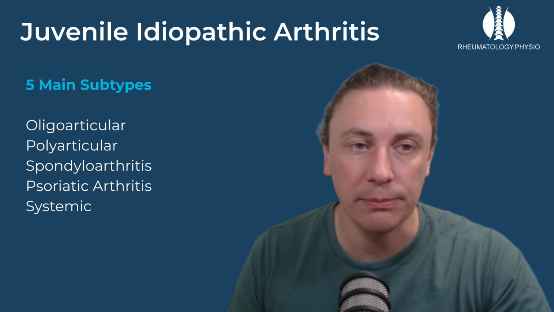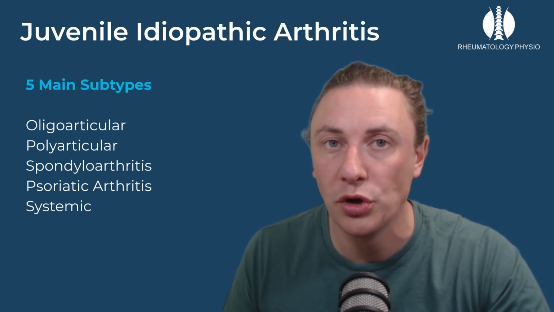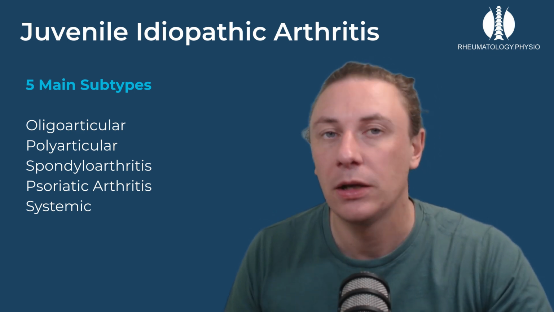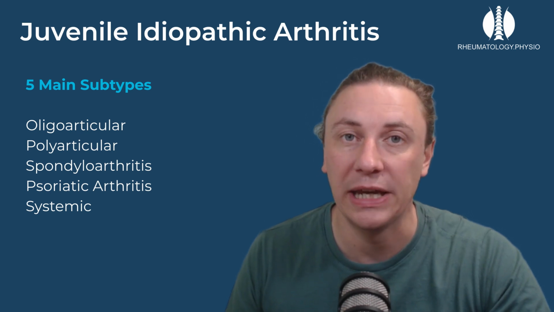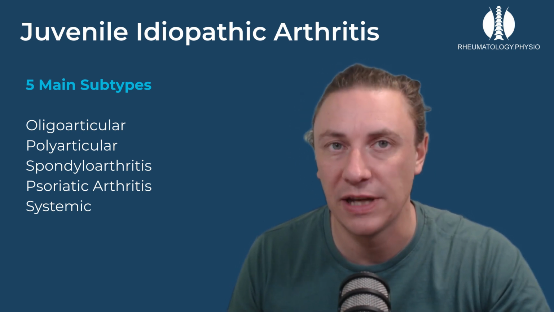So the 5 main subtypes are oligoarticular, which would be just 1 or 2 joints affected by inflammatory arthritis, compared to polyarticular, which is 5 or more joints being affected by the inflammatory arthritis.